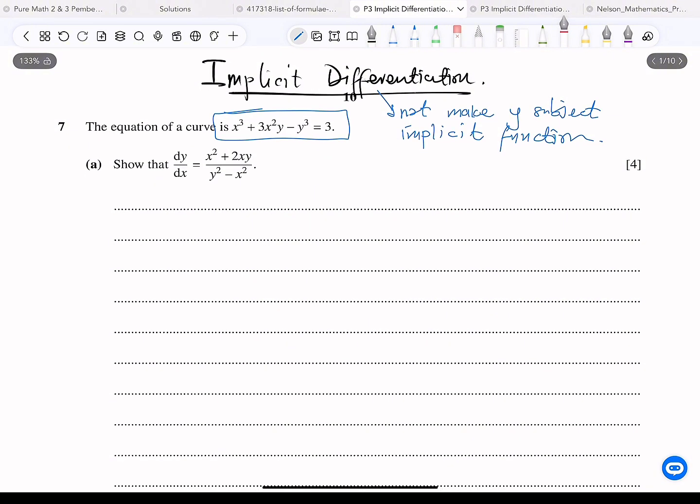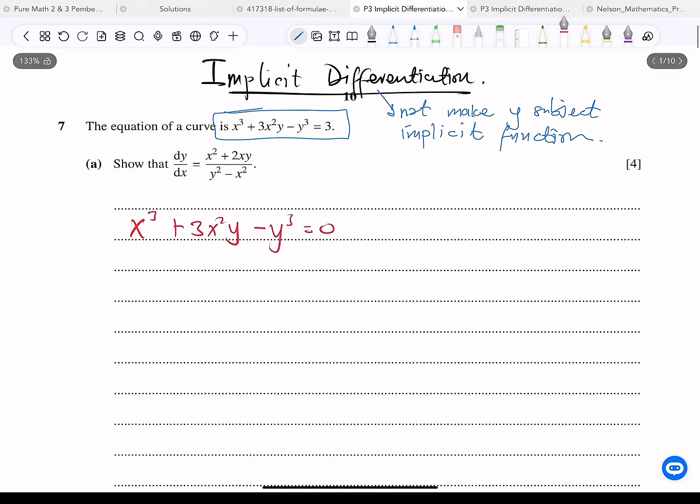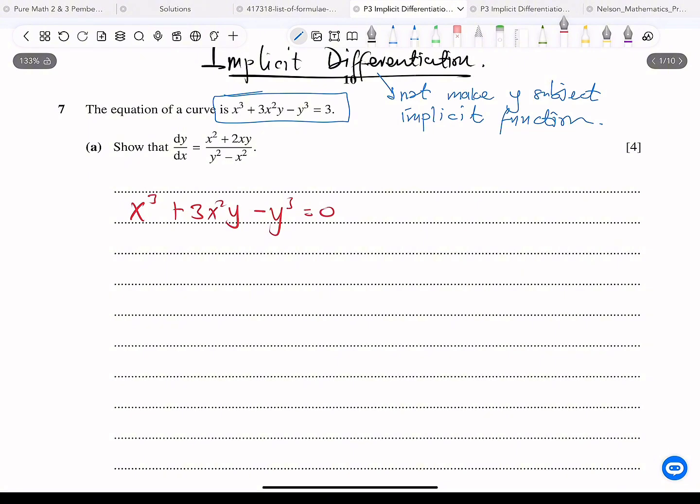All right, so we've been given x cubed plus 3x squared y minus y cubed is equal to 3. So we differentiate x cubed, we are going to get 3x squared. Then with this part, we want to apply the product rule because you have two functions.